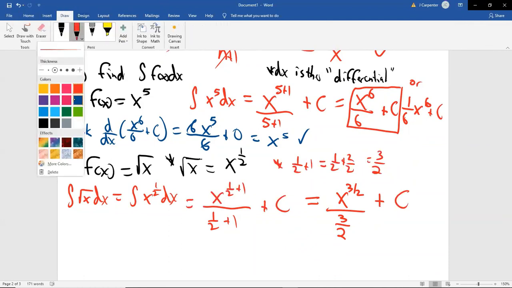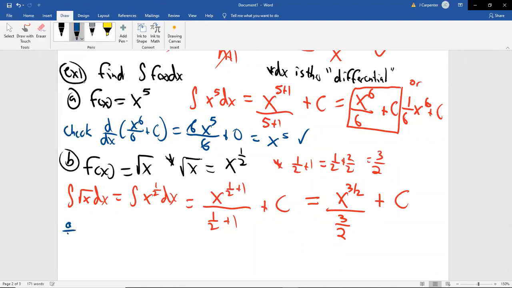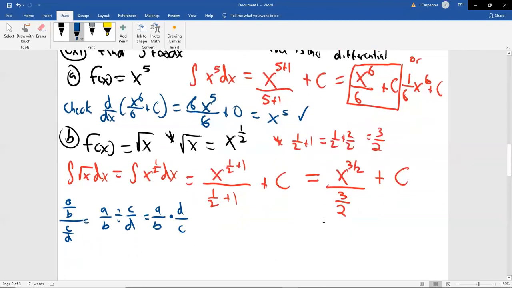So again, as a reminder, a over b divided by c over d is the same thing as a over b division symbol c over d, which is a over b times d over c. You flip it and change from division to multiplication. That's how we divide by a fraction. You multiply by the reciprocal. So dividing by 3/2 is the same as multiplying by 2/3.